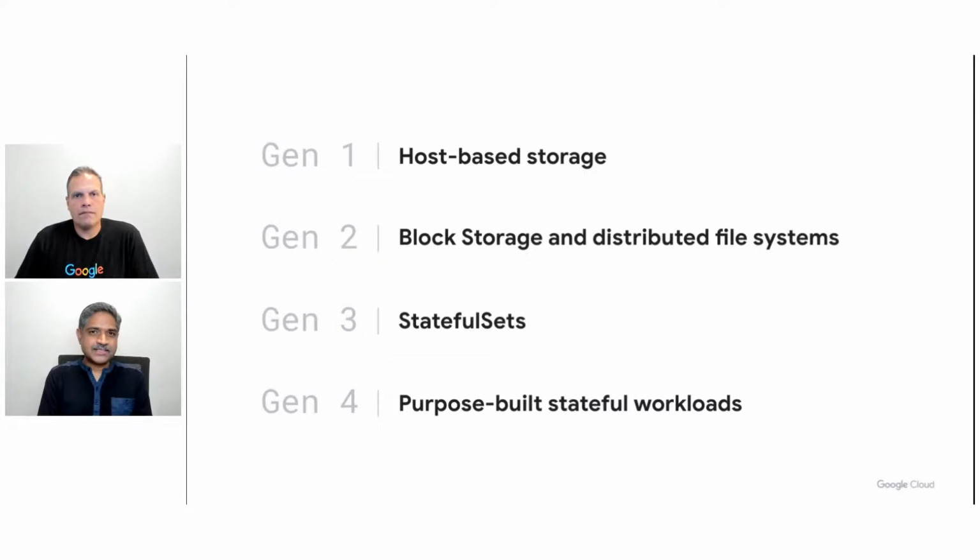One was the rise of distributed file systems, like ClusterFS and NFS, coming to the Kubernetes and cloud native world. And the second dimension was the rise of managed Kubernetes services in the public cloud, and surfacing the block storage devices and block storage services all the way to the managed Kubernetes clusters. So that was the second generation, predominantly driven by distributed file systems and block storage services.